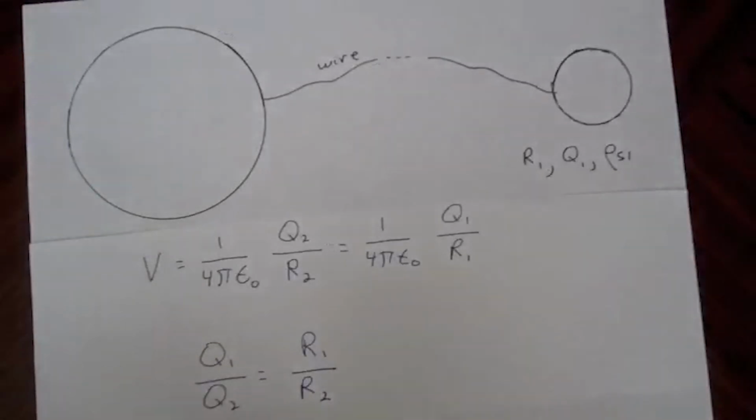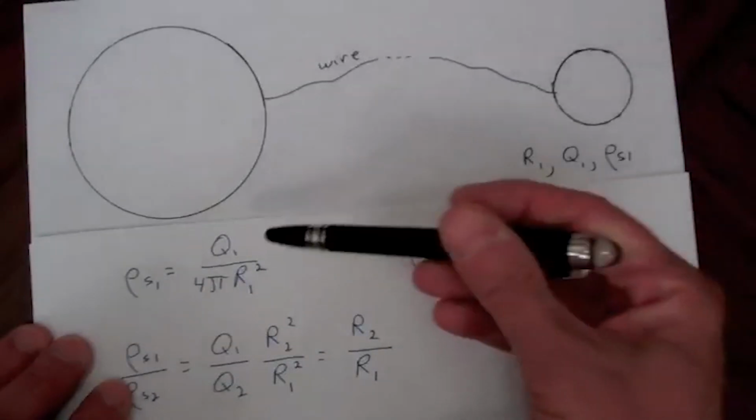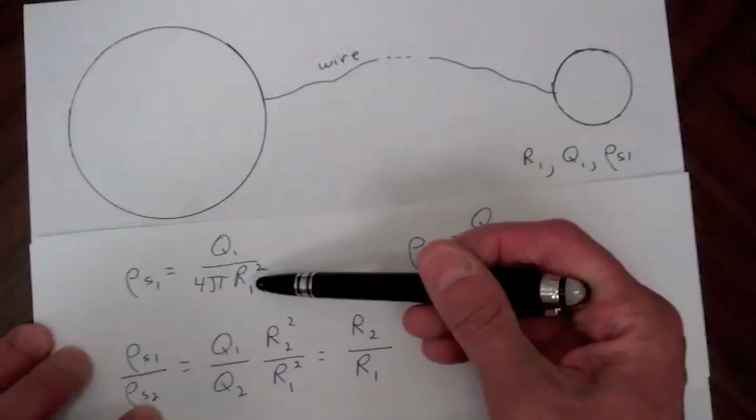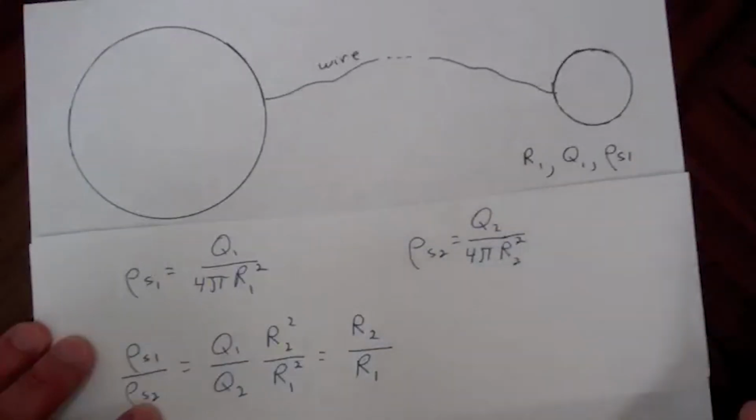Okay, now the surface area of a sphere is 4 pi r squared. So the charge density is just the total charge divided by 4 pi r squared. So here we have the charge density on the two spheres.